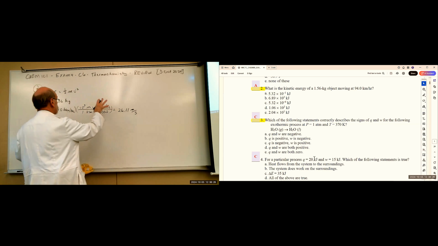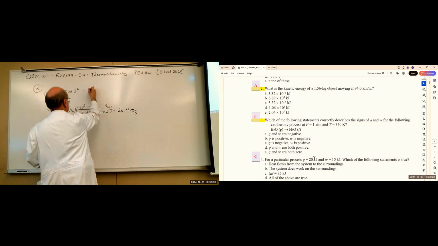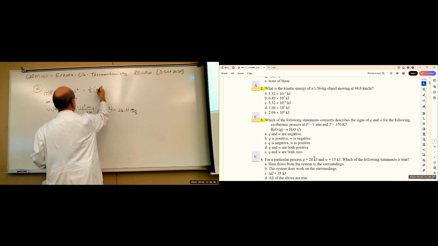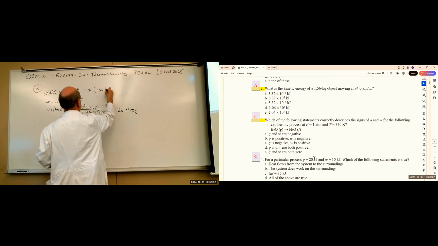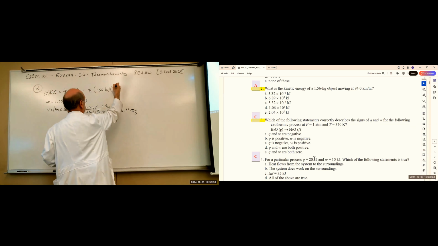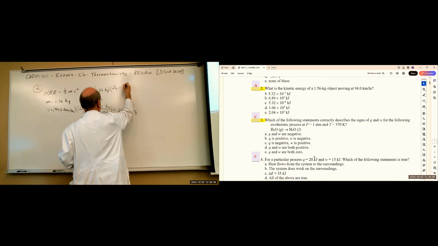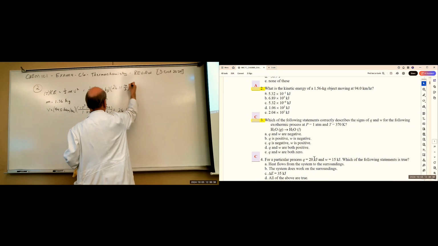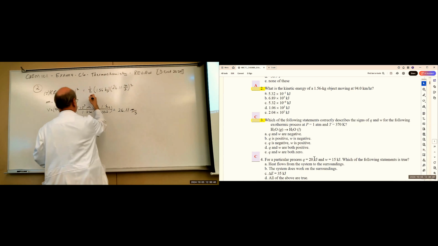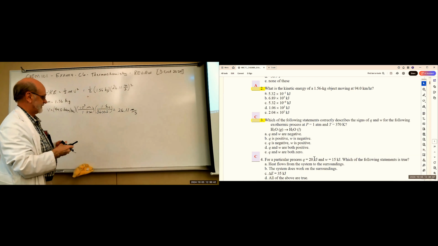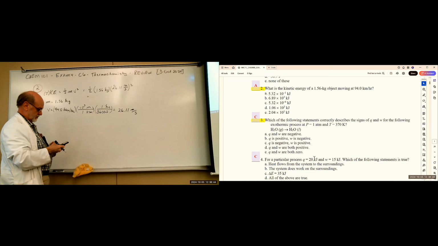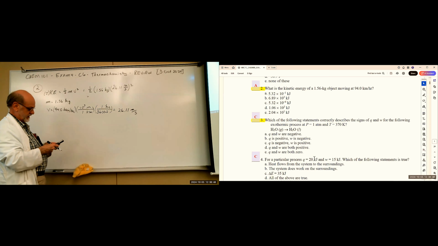Okay, so now that we know these values, we can put them in our formula. 1.56 kilograms, and this is 26.11 meters per second. I already got that one in there, so I'm going to square it, and then times 1.56, and then take a half of that.